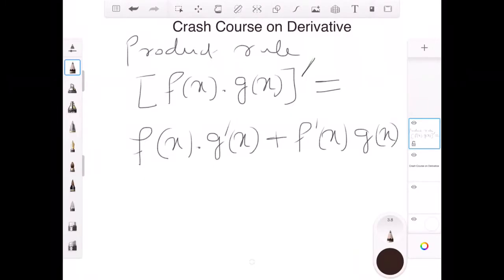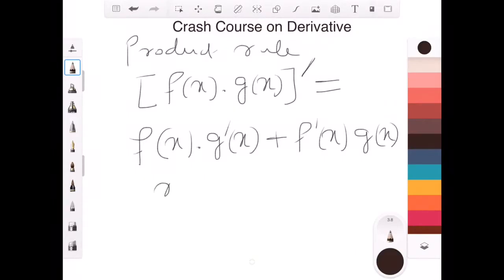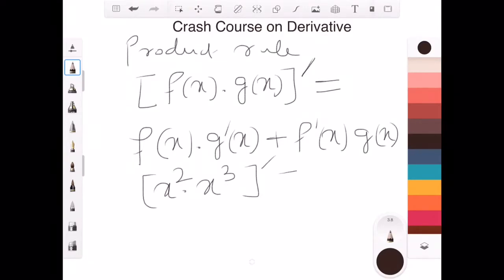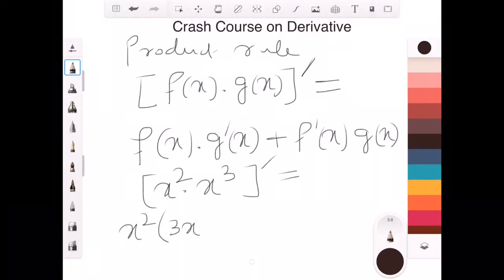If I take a similar example again, for example I have two functions, x square multiplied by x cube, and I have to take the derivative of this one, then this is equivalent to x square times the derivative of the second one, which is 3x square, plus the derivative of the first one, which is 2x, times x cube.